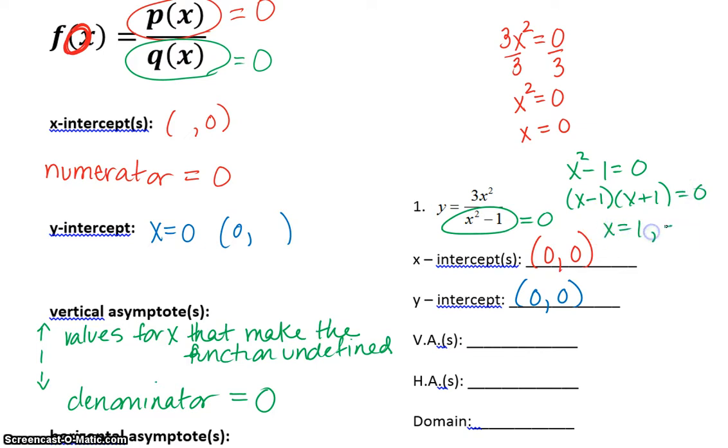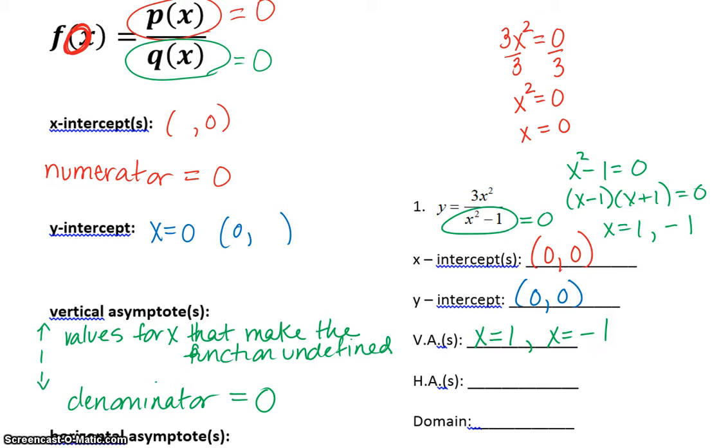So x is 1 and negative 1. You can see here, if we plug in 1, we get 1 squared minus 1, we get a 0 on the bottom. You can't divide by 0, so that x doesn't work for this function. And same with negative 1. So our two vertical asymptotes are the two x's that don't work, and that's x equals 1 and x equals negative 1.